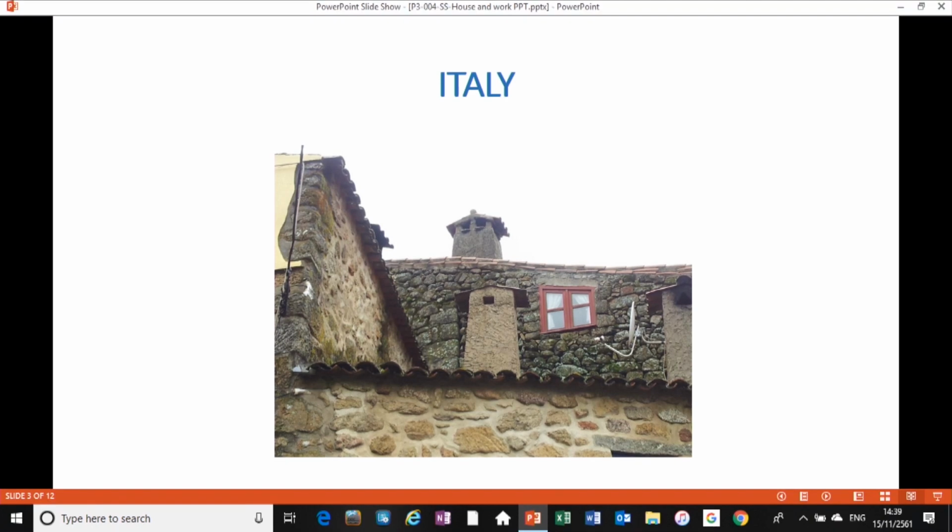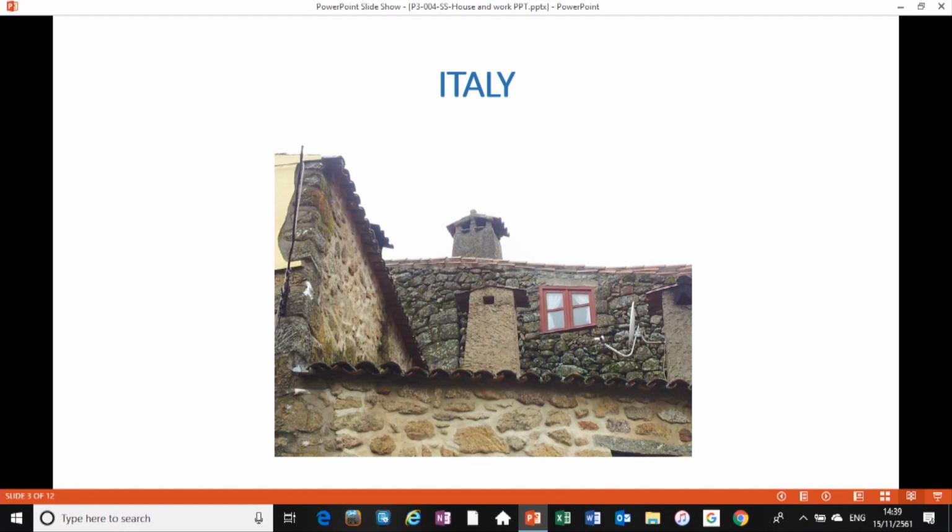Italy. You can see this is a house in Italy. It's very old, made hundreds of years ago. Can you see all the old bricks? It's like an ancient home.